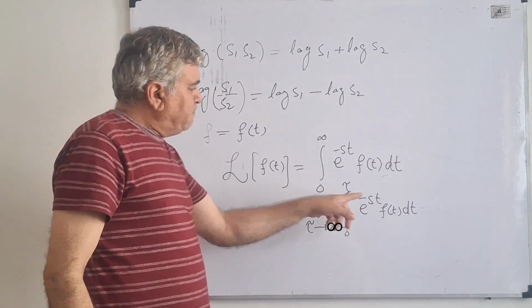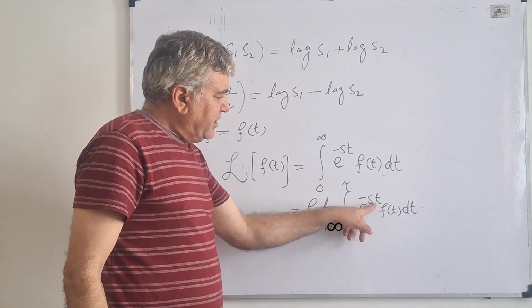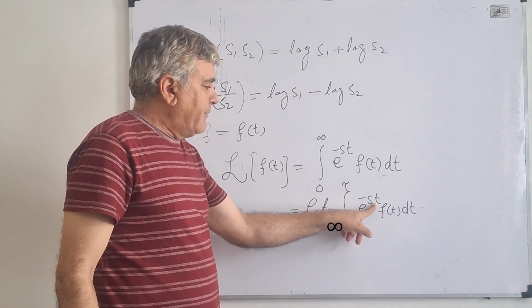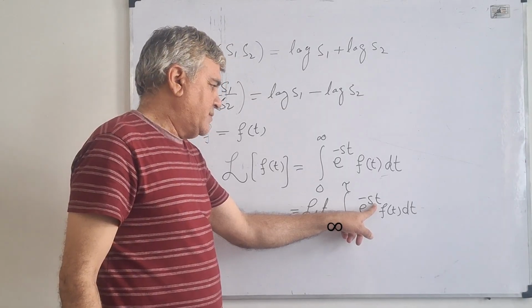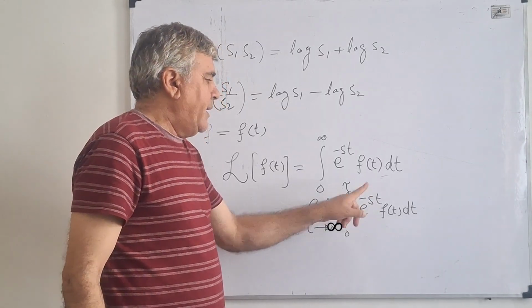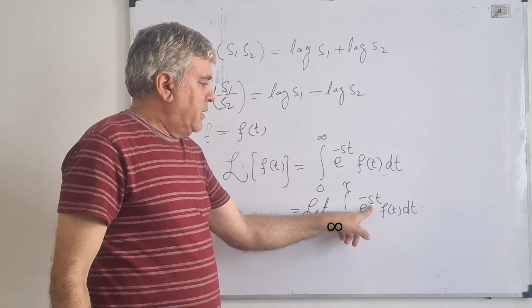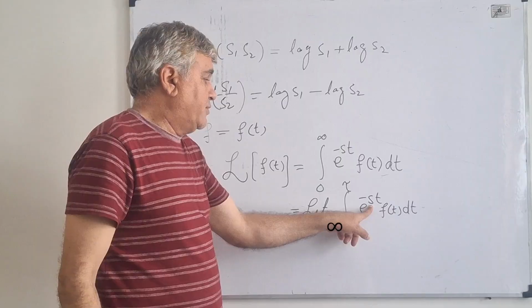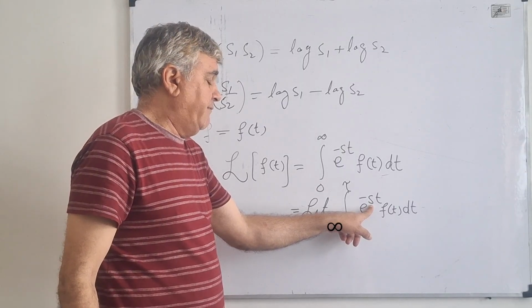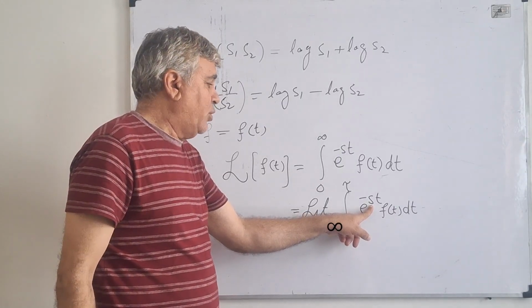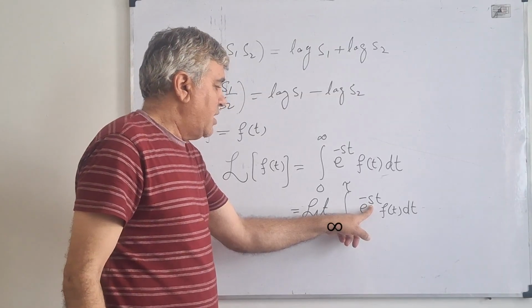Now, t in this relation is real and is greater than 0. s could be real or complex. It has different domains for different problems, for different differential equations, for different functions.